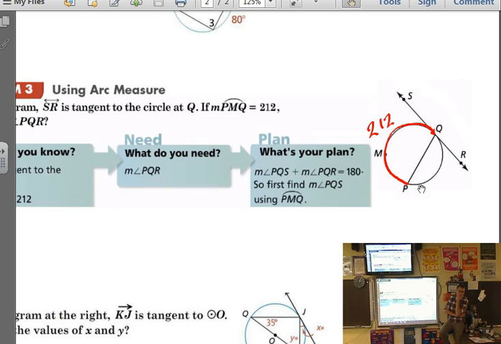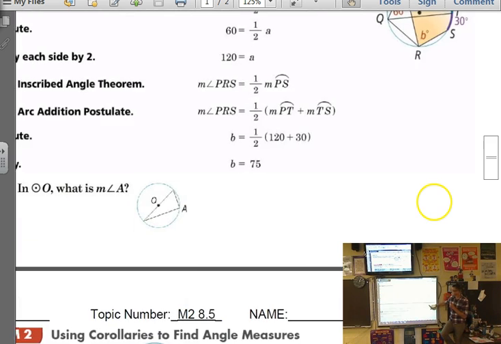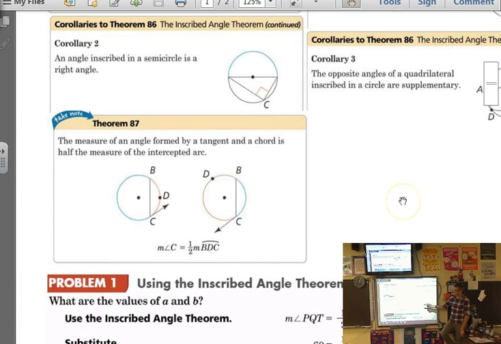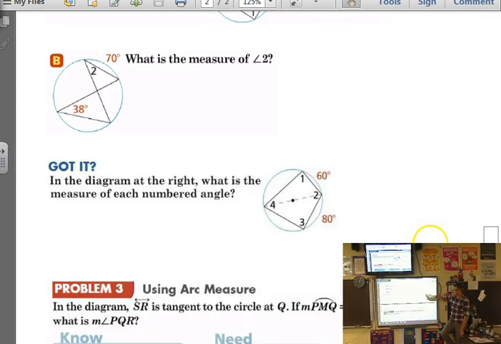Now, what do we know about the angle formed between a tangent line and a chord? Let's flip back to the front and check what we had. Oh, it's half the arc.